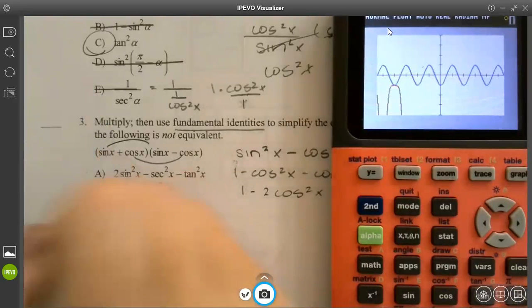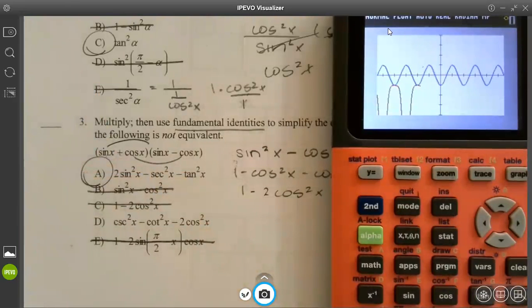It is not equal. A is your answer. And then again, how would you put in D? 1 over sine, close all those parentheses, squared, minus 1 over tan x squared, minus 2 cosine x squared. All right, flip it.